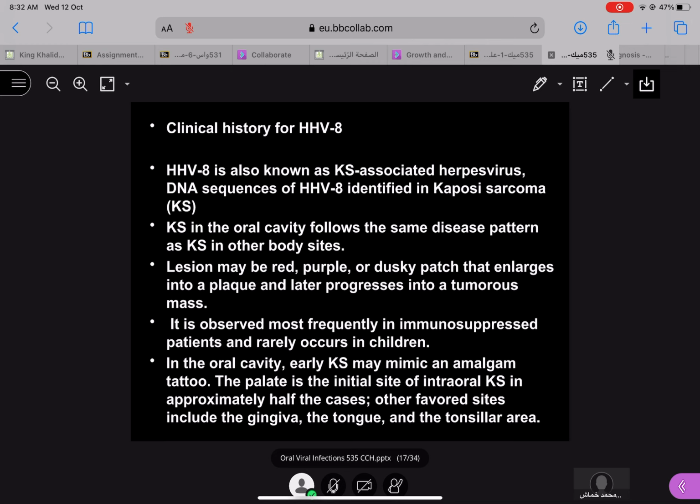The palate is the initial site of intraoral KS in approximately half of cases. Other favored sites include the gingiva, the tongue, and the tonsillar area.